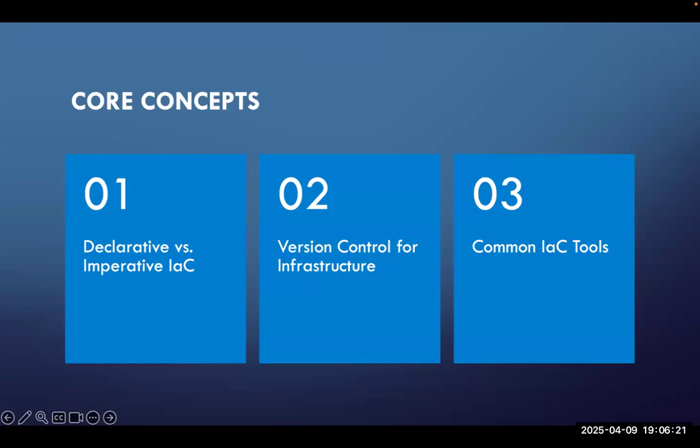Common tools such as Git allow teams to manage infrastructure code alongside application code, improving transparency and reliability. IaC tools like Terraform, Ansible, and CloudFormation provide structured approaches to managing infrastructure across different cloud platforms. We will talk more about each of these three in the next slide.